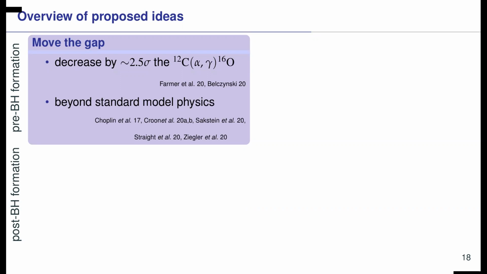And this makes the density of the star higher at any given temperature. And so at higher densities, the gas pressure is more important than the radiation pressure, and the instability can be avoided. But this again requires going beyond the standard model. And since there are other explanations, I would argue that this is not a satisfactory solution.